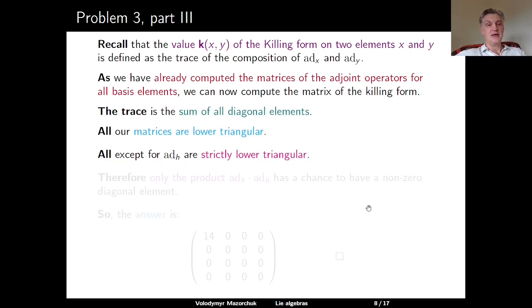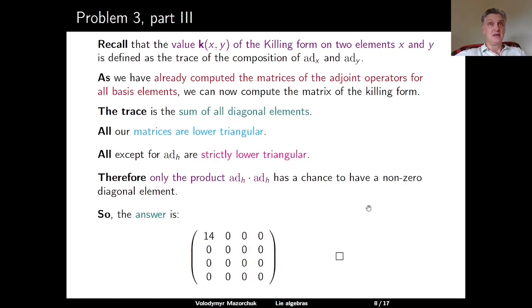So if we multiply a strictly lower triangular matrix with a lower triangular matrix, we will get a strictly lower triangular matrix, which means that on the diagonal we will have zeros, so the trace will be 0. So the only chance to get a non-zero element somewhere on the diagonal in our product ad x times ad y is to multiply ad h with itself.